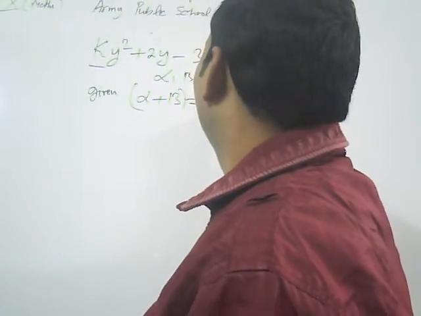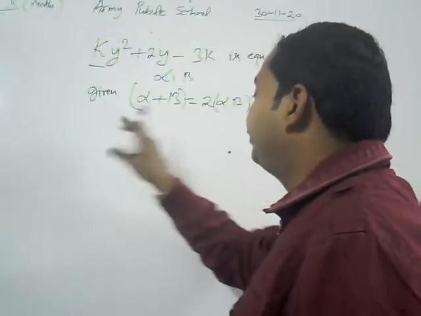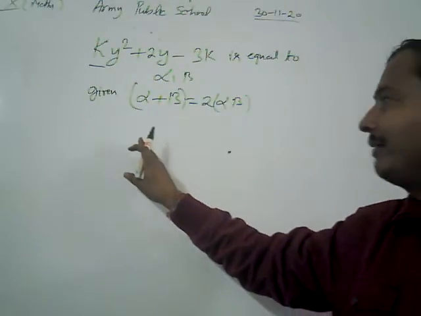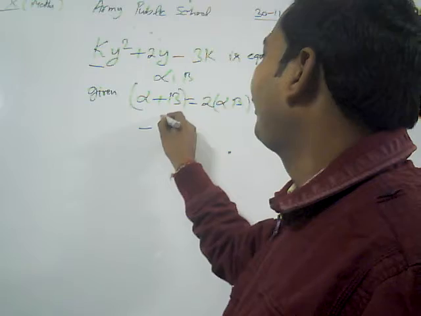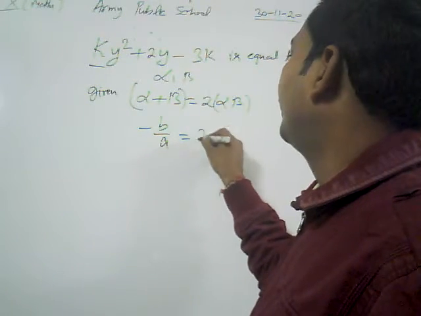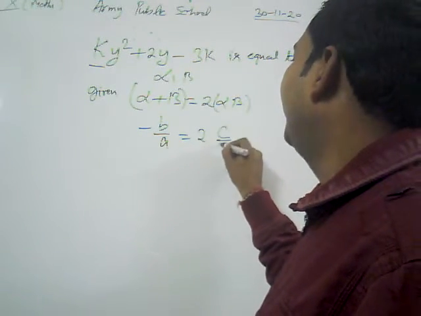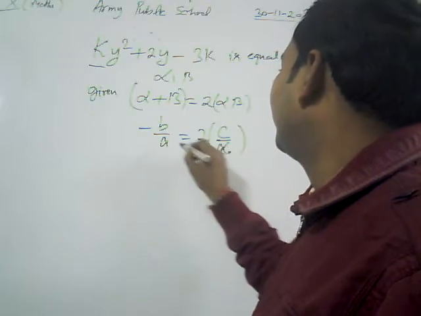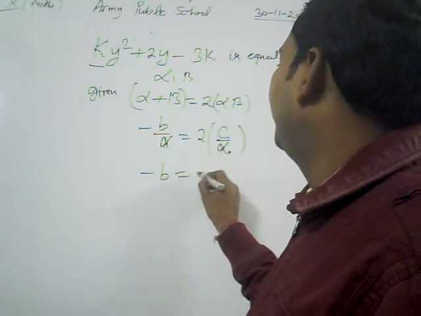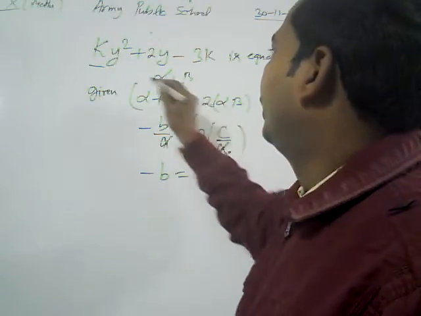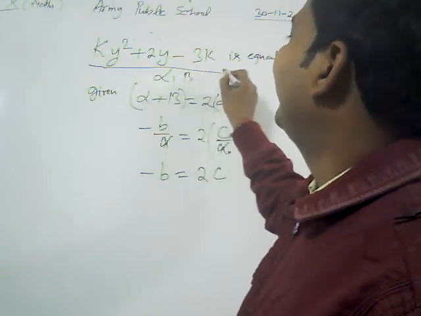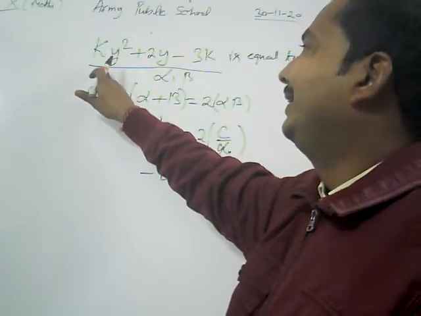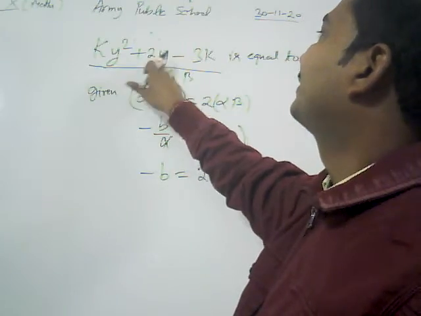Now, what is our relationship? The sum of zeros is given by minus b by a, and 2 times alpha into beta is 2 times c by a. Cancel out this a and a. Minus b is equal to 2c. Now look, we compare this equation with the standard form ax square plus bx plus c.